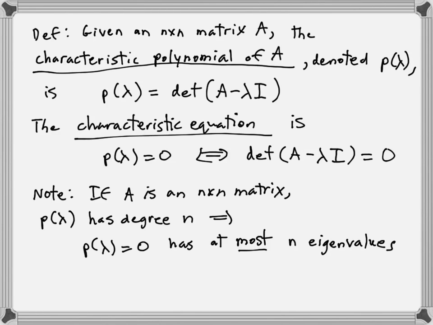At most n eigenvalues. An important characteristic, you might not have any, right? But it has at most n eigenvalues. Why at most? We know that there are n solutions to this thing, however, a lot of them might be repeated. So you might get a repeated root n times. We know that that's possible. So you could have as little as one eigenvalue. You're going to at least have one, but you might have up to n of them.